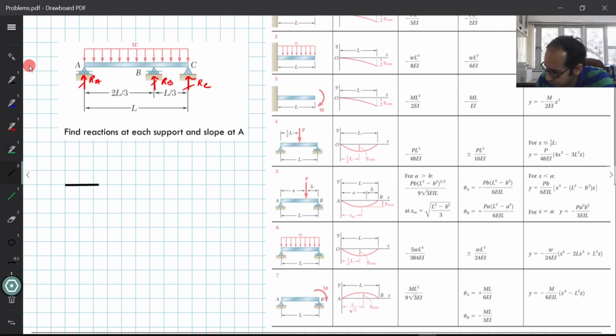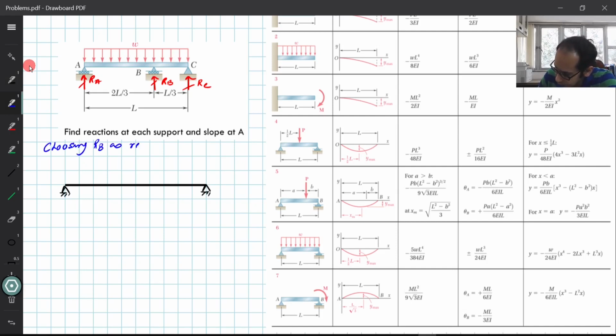Your first beam, beam 1, here I'm choosing RB as the redundant. So this is my beam 1, and beam 2 is again the simply supported beam, but here I will have a vertical reaction RB.